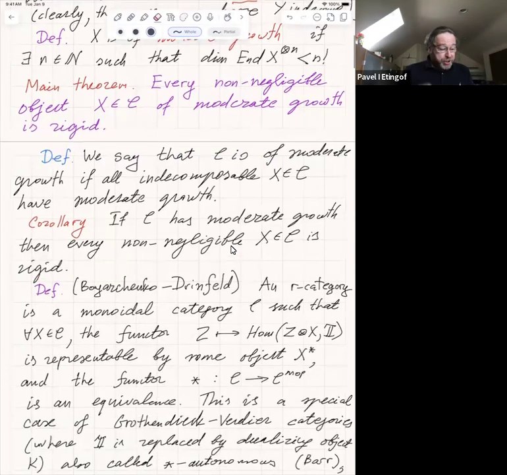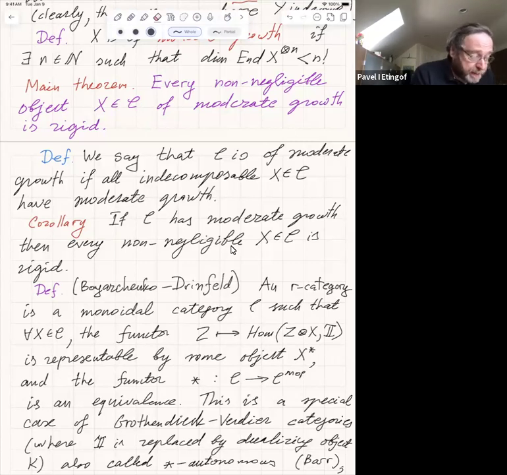And so this can be applied to R categories, which is a special case of Grothendieck-Verdier categories. There is a definition which can be found in a paper of Boyarchenko and Drinfeld, but actually even earlier in works of Barr.